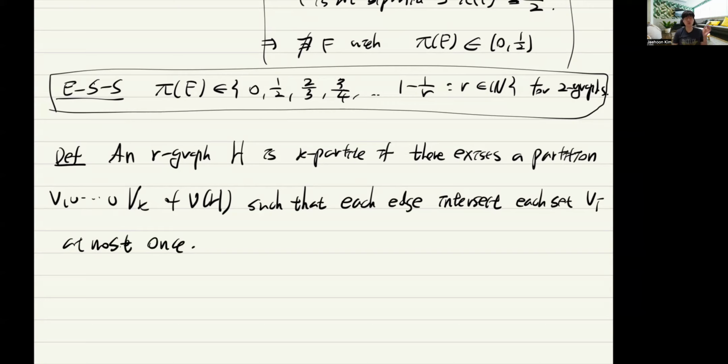So each edge uses at most one vertex from each part. And it is k-partite.